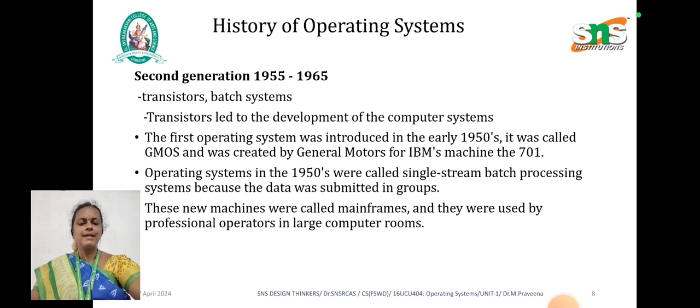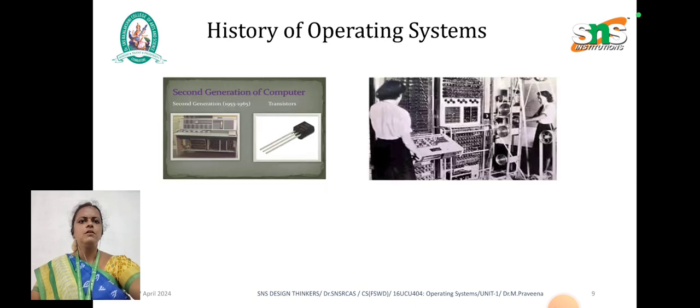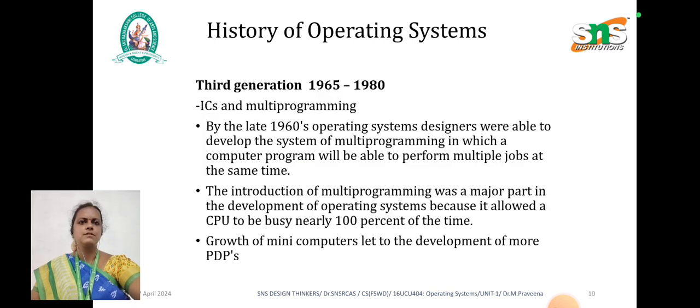Operating systems in the 1950s were called single stream batch processing systems because the data was submitted in groups. These new machines were called mainframes and were used by professional operators in large computer rooms. This is the second generation computer as the picture depicts: IBM mainframe computers.